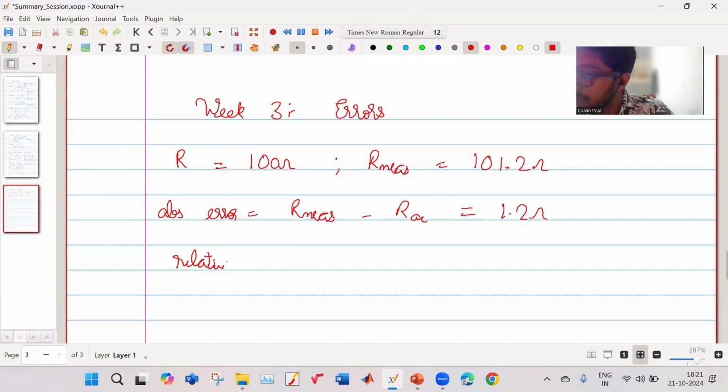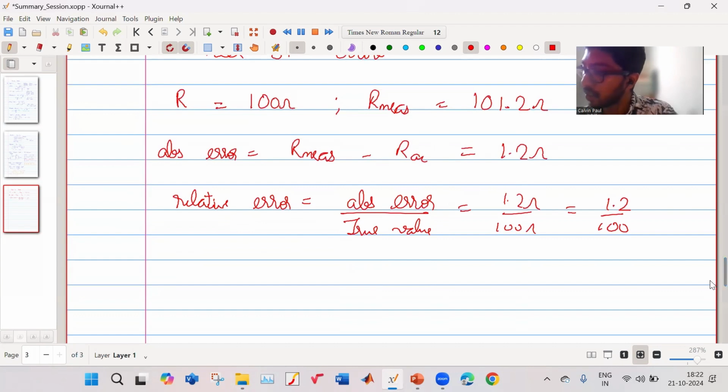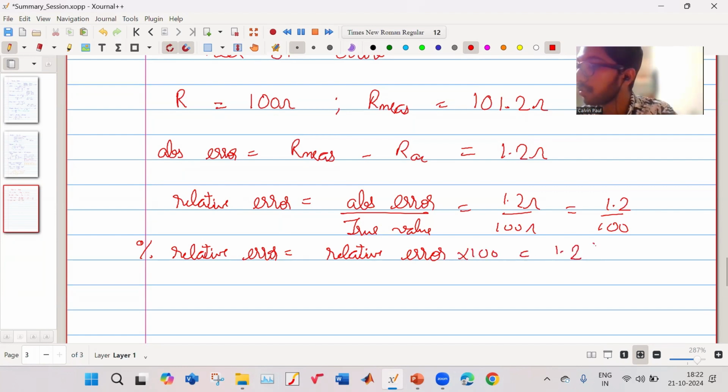Relative error is given by the absolute error upon the true value or the actual value. So that is 1.2 ohm divided by 100 ohm, like 1.2 upon 100. Then the percentage relative error is the relative error into 100. So that is 1.2%.